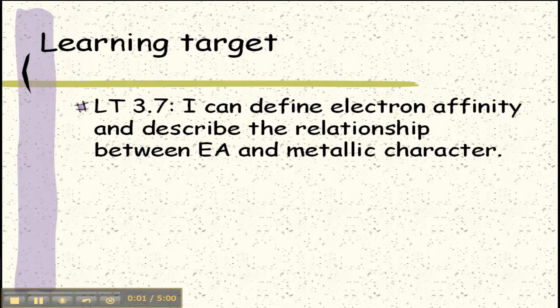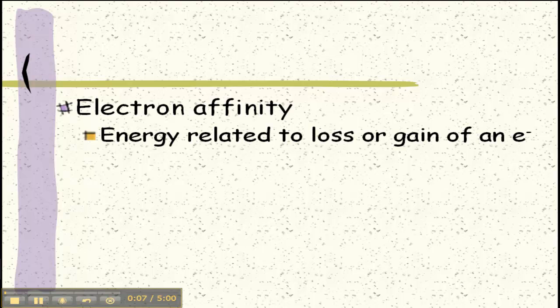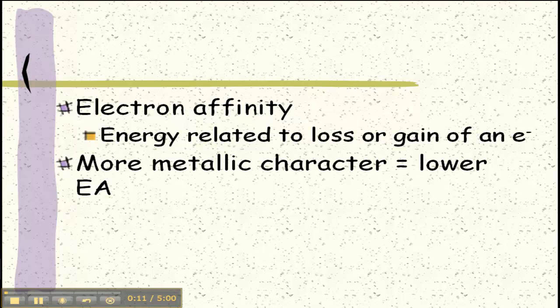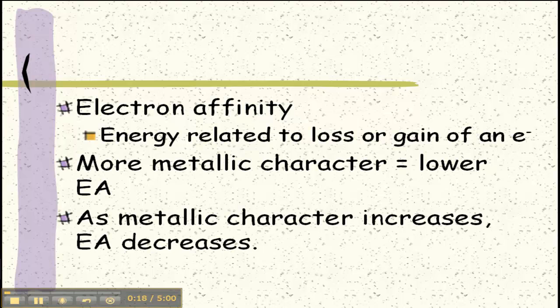Electron affinity: we're going to describe the relationship between electron affinity and metallic character. Electron affinity is the energy related to the loss or gain of an electron. The more metallic character an atom has, the lower the electron affinity. So as the metallic character increases, electron affinity is going to decrease.